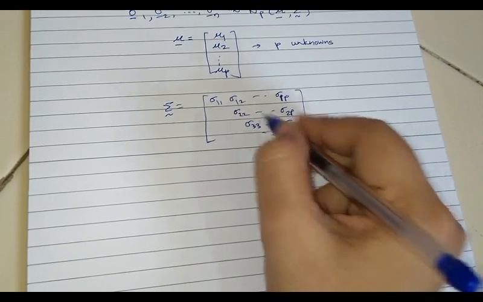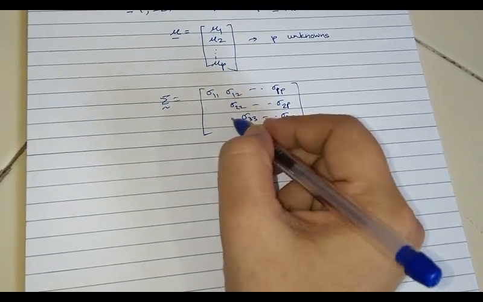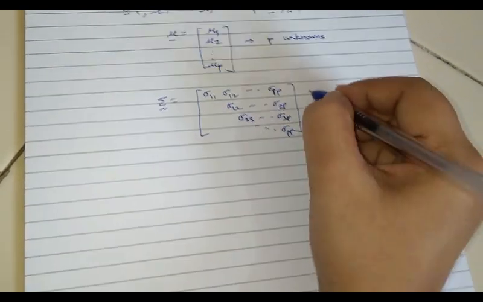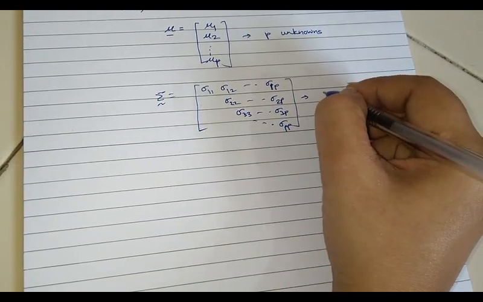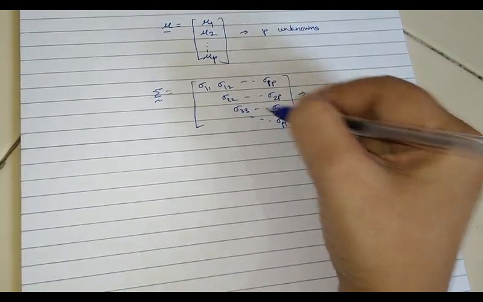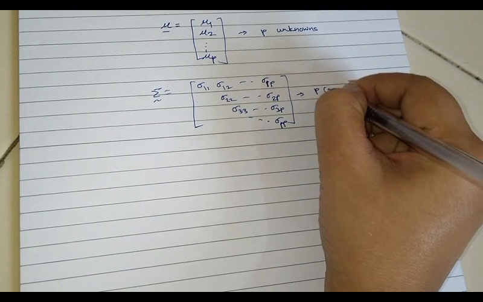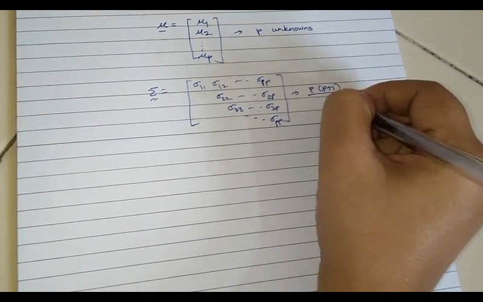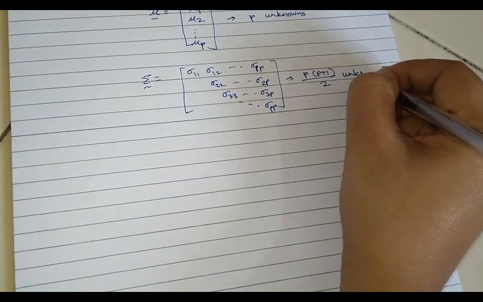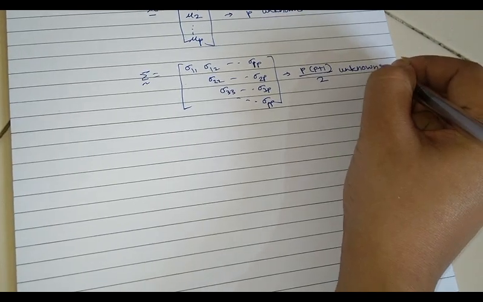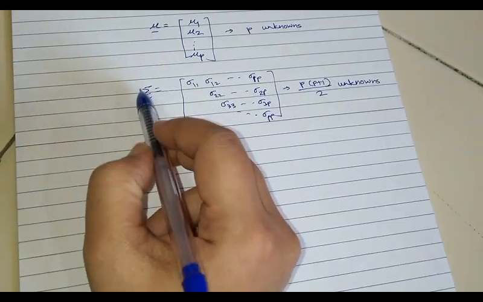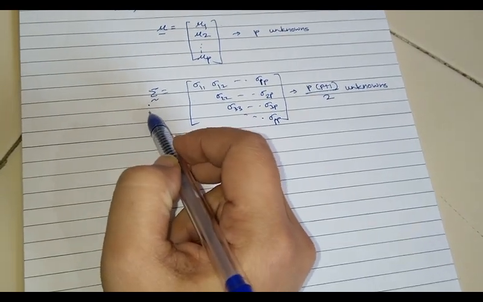So either this entire upper triangle or entire lower triangle can be considered as unknown. So the total number of unknowns I have is 1 plus 2 plus up to p, so p into p plus 1 by 2. These many unknowns I have in the variance covariance matrix. So my job is to estimate this mean vector and variance covariance matrix.